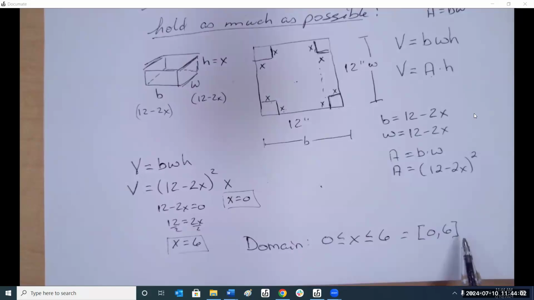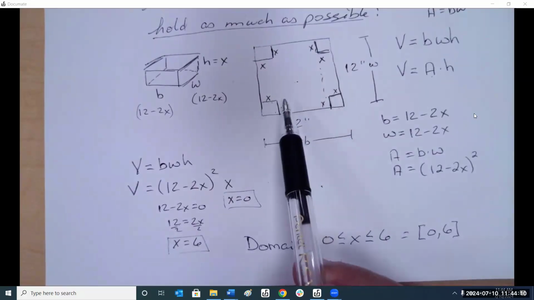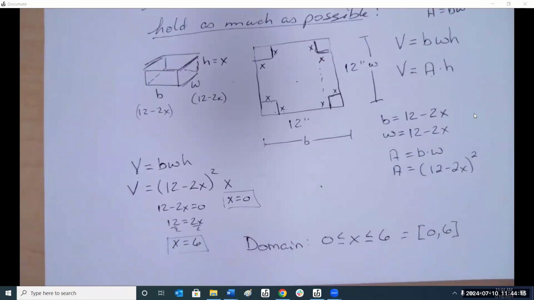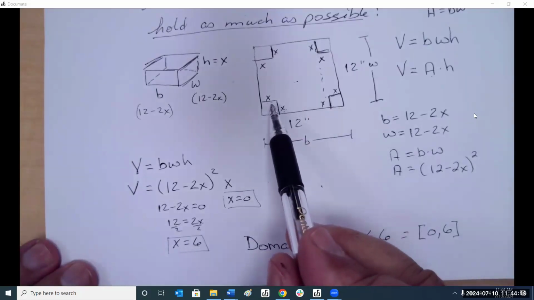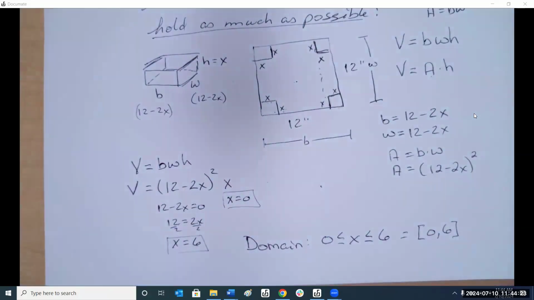What happens if you put in 0 or 6? If x was 6 inches, if this was 6 inches and this was 6 inches, you just fold a piece of paper. If it was 0, then you wouldn't have a height, so your volume would be 0. So these would be 0.